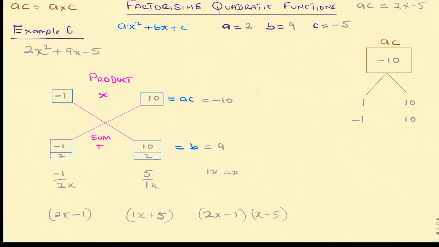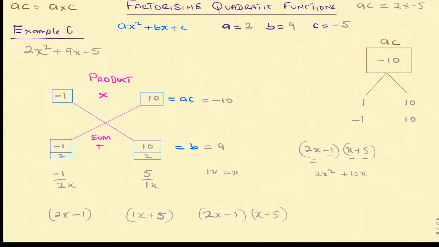Well, in order to justify our answer, we could expand it and see if we get back the original function. So let's see. We're going to get 2x minus 1 times x plus 5. 2x times x is 2x squared. 2x times 5 is plus 10x.